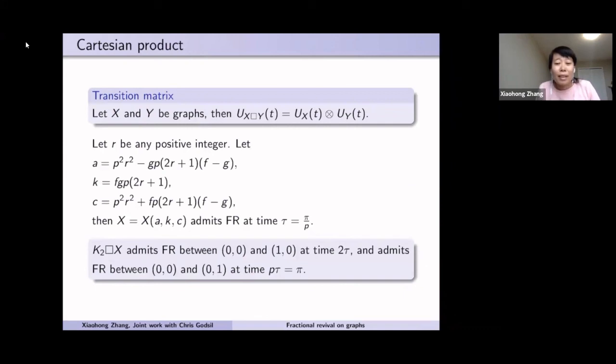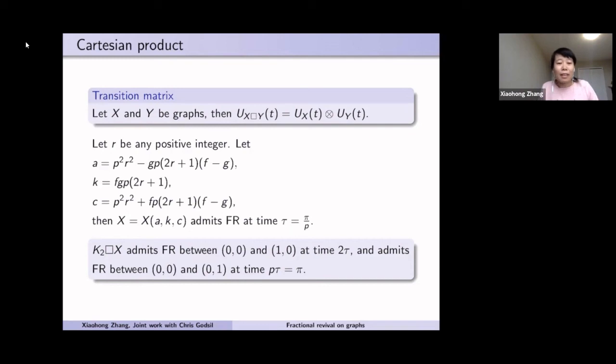We might be thinking that we can only construct such graphs by using FR between non-cospectral vertices? It doesn't have to be. August, who gave a talk here earlier, constructed some regular graph, Cartesian product of K2 with some regular graph, such that there are also FR pairs with overlapping vertices.